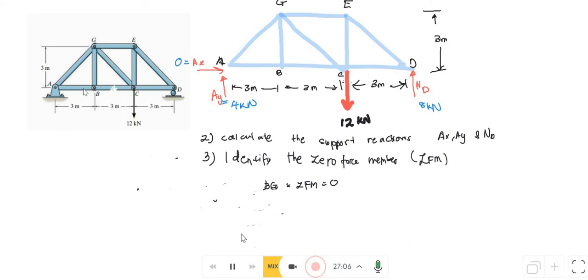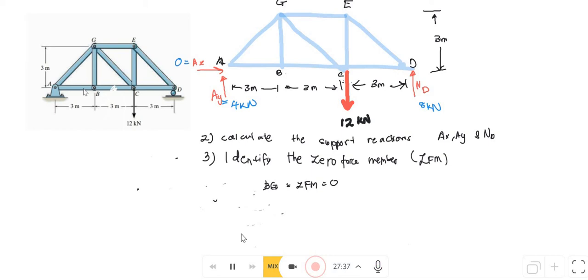Now we are focusing on the method of section. Sometimes the zero force member in the method of section does not influence our calculation, because we do not cut members that are related to the zero force member.